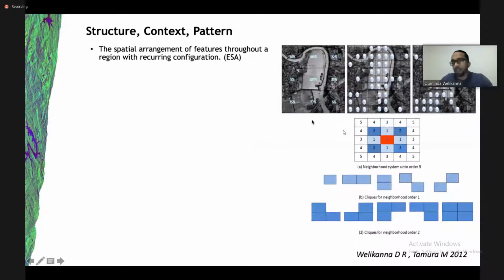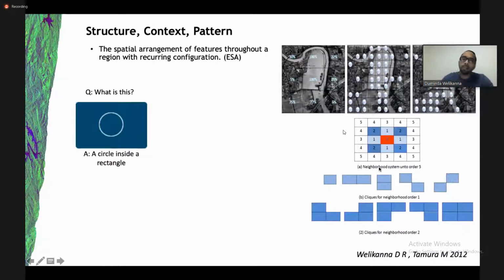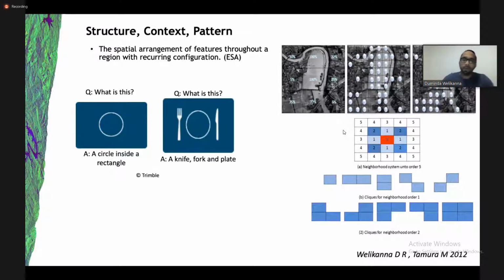So what I'm saying is like this: a paddy field and close by is some area. So you're looking at a pixel and its neighborhood, so you determine the texture. Texture is like, if I put these things, what is it? It's a circle inside a rectangle, right?